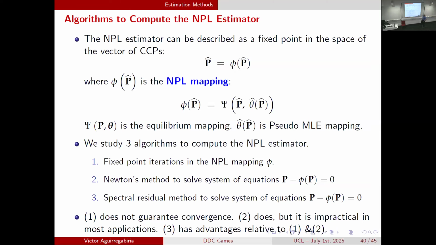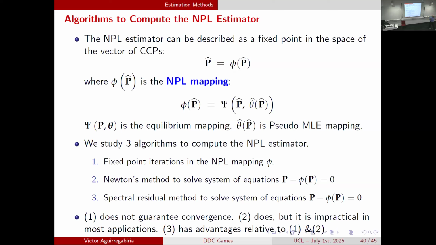That phi is not a contraction mapping. And because it's not a contraction mapping, we may not get convergence, okay? That's the problem that several papers have had in some applications. Then let's go to a representation of the NPL estimator as the solution of this system of nonlinear equations.